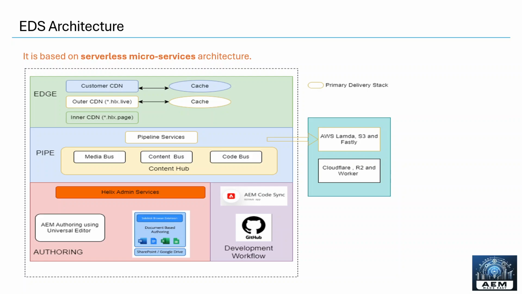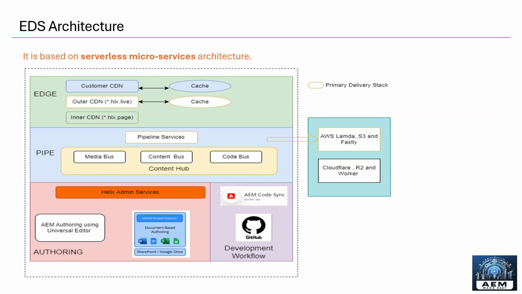But suppose as a developer you are not sure about a feature and you don't want to push it. You need something in your local environment so that you can directly see your changes. For that, your local development environment can be set up using a very simple CLI command from the root of your project: AEM up.